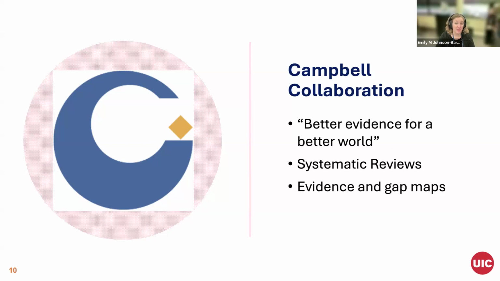It is named after Donald Campbell, who advocated for the idea that government reforms can be seen as societal experiments to which scientific rules of evidence can be applied. So he was another big epidemiology researcher that made a mark in social science research.